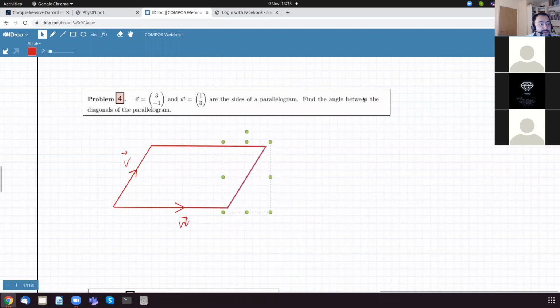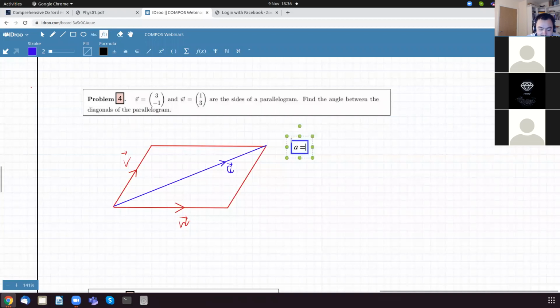It says find the angle between the diagonals of a parallelogram. So let's take the first diagonal of the parallelogram, and let's call this vector A. From the parallelogram rule of adding vectors, you can say that A is V plus W. Of course, these are vectors.